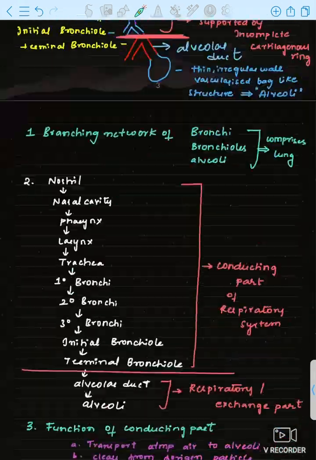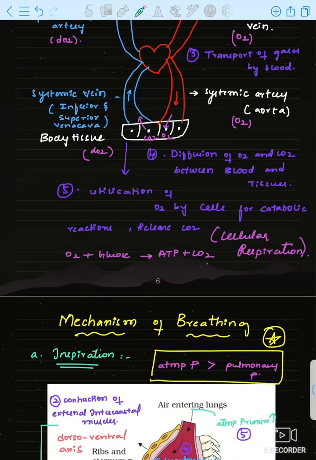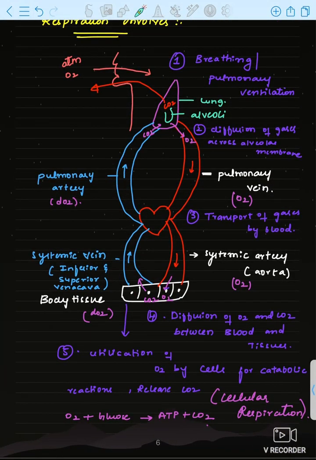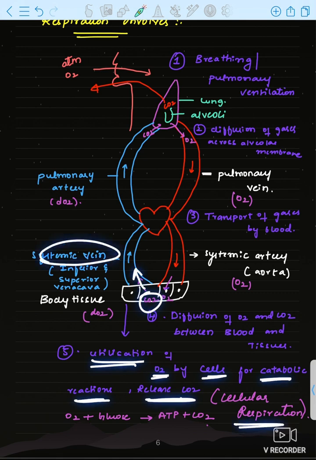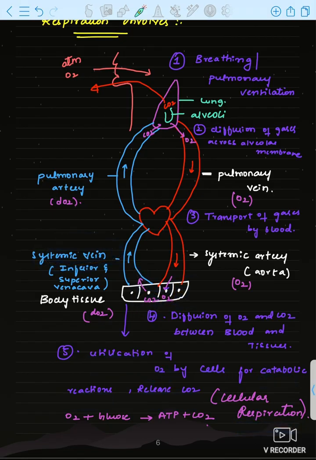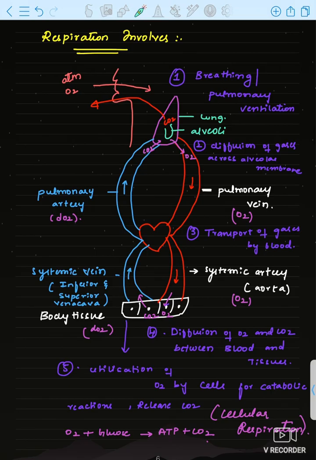I hope you are understanding. Utilization of O2 by the cells for catabolic reaction releases CO2 into the systemic vein. This is called cellular respiration: O2 plus glucose gives rise to ATP plus CO2. So these are the steps of respiration.